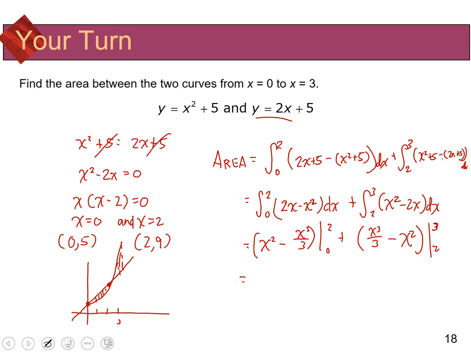So here I'm going to have 4 minus 2 cubed over 3, minus, if I put zeros in, I just end up with 0, plus 27 thirds minus 9, minus 8 thirds minus 4.